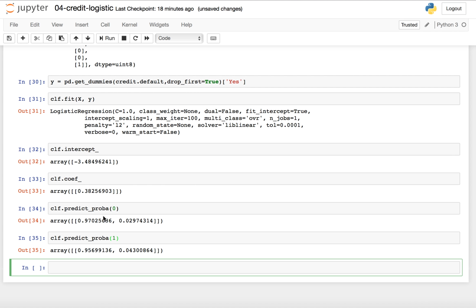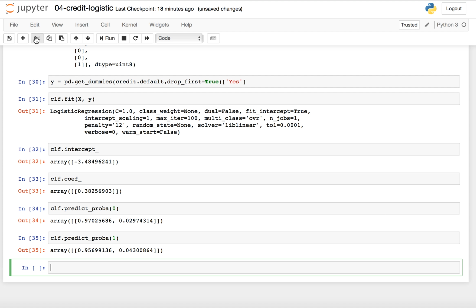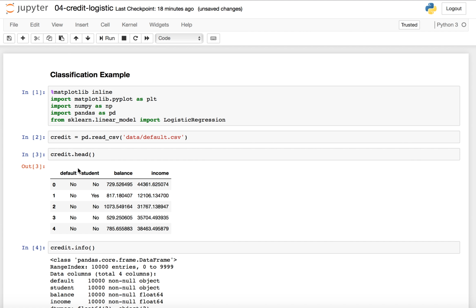They're not dramatically different: 97% and 96% likely. There's a little bit of a difference, and if you plotted a curve, they would be separated just by a little bit, but not a dramatic difference. So there's just a couple of examples of classification on this data set.